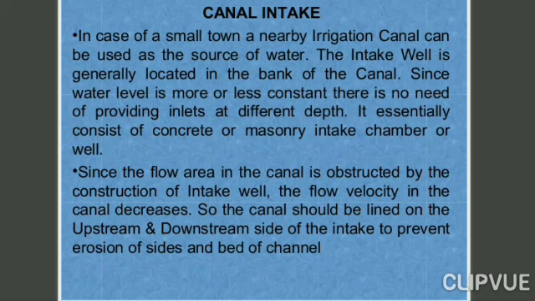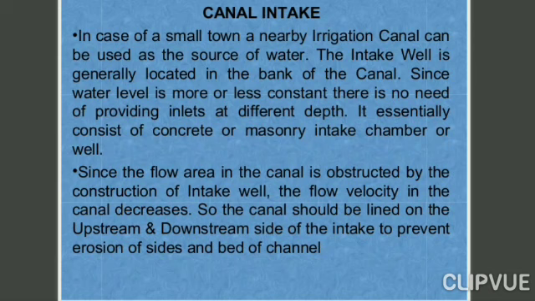In case of a small town, a nearby irrigation canal can be used as the source of water. The intake well is generally located in the bank of the canal. Since the water level is more or less constant, there is no need of providing inlets at different depths.